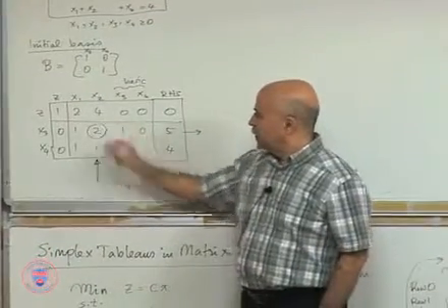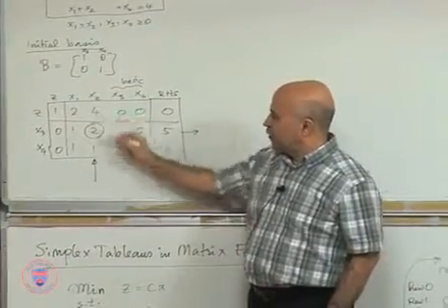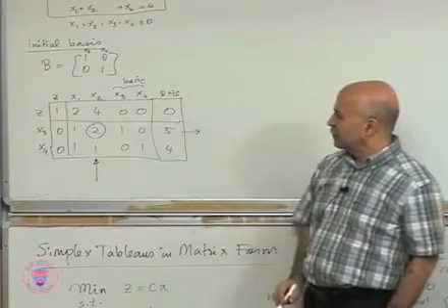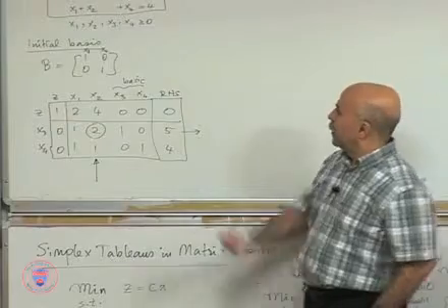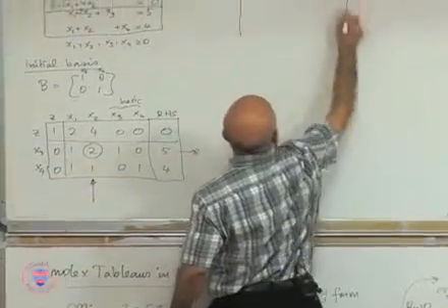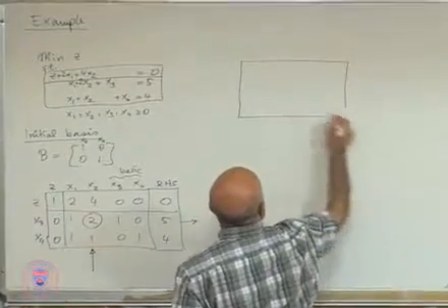And then you want to create a unit vector here in the entering column. And so you pivot on that, on the circled element. What do you get?